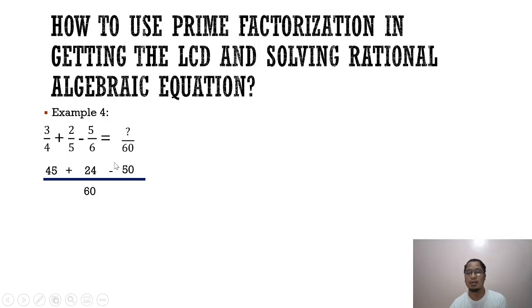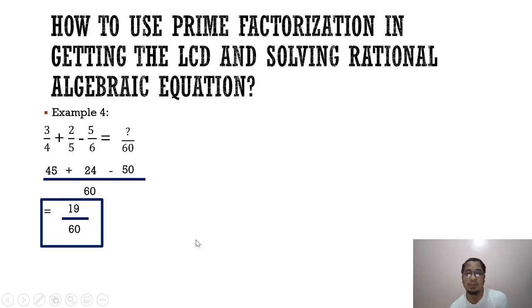Kung meron na po tayong ganito, all we have to do now is to combine yung lahat ng nasa taas. 45 plus 24 is 69 minus 50, 19. Over, we simply copy yung denominator, 60. Kung hindi na natin pwedeng i-simplify pa siya, this will be our final answer.